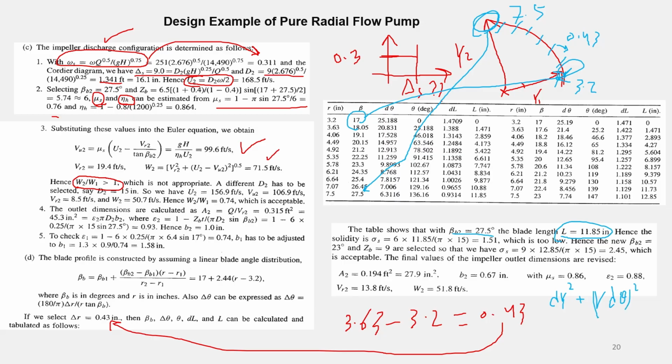So you sum all of these delta L. Basically L is delta L plus delta L here, 1.471, you add to it 1.422, and then you add this delta L. Just be careful of that when you work a problem like this.